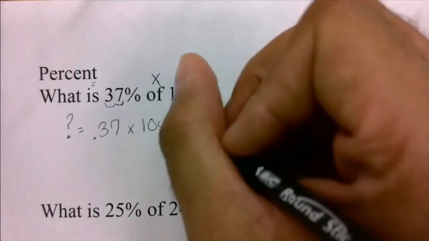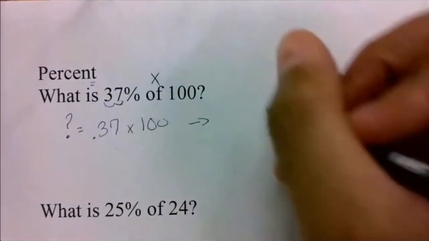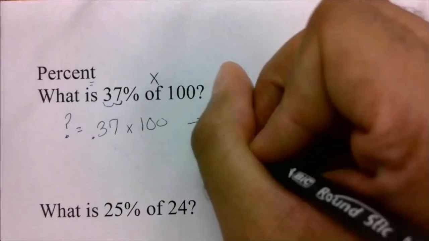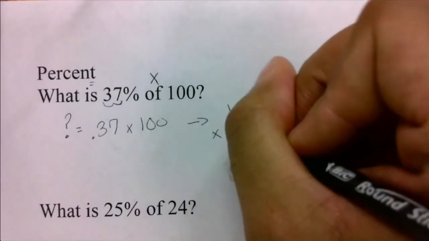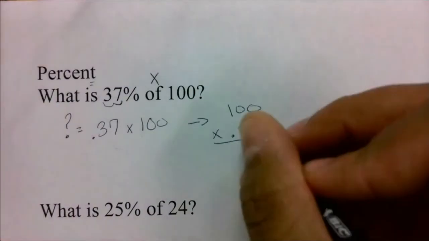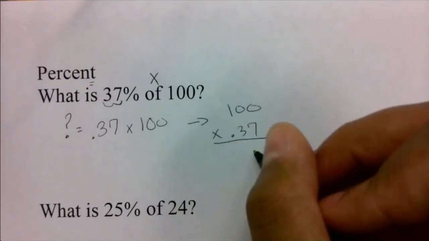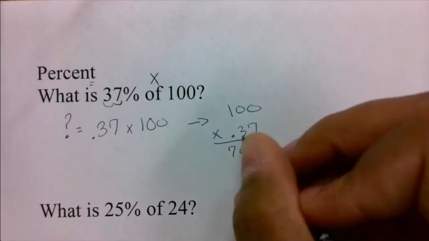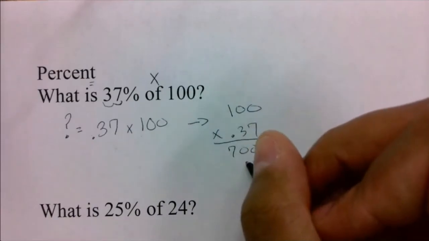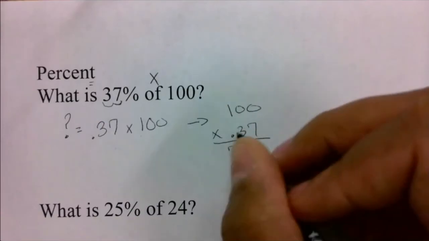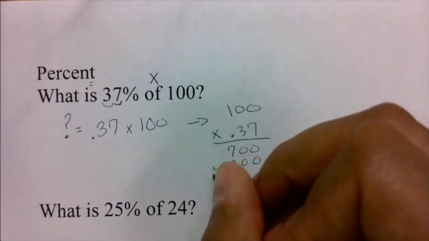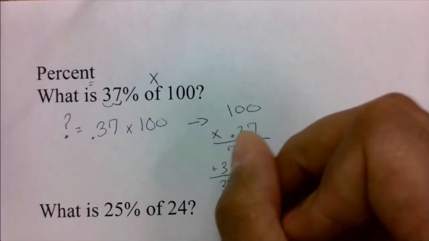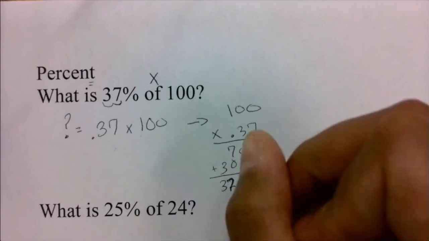So I'm going to do that math over here. Let's do 100 times 0.37. I know we get 0, 0, 7 times 1, drop down to 0. 0. 3 times another 0, 0. 3 times 1, 3. Add it up: 37.